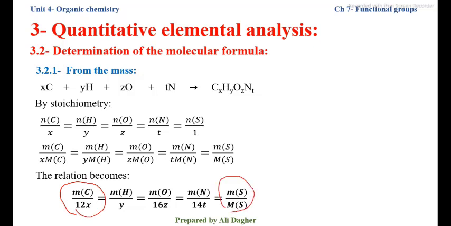We have only one unknown, which is x. Then we take the second with the last, third with the last, fourth with the last to determine y, z, and t. When we solve an application, we will see how to apply these relations. This is the relation to be memorized.